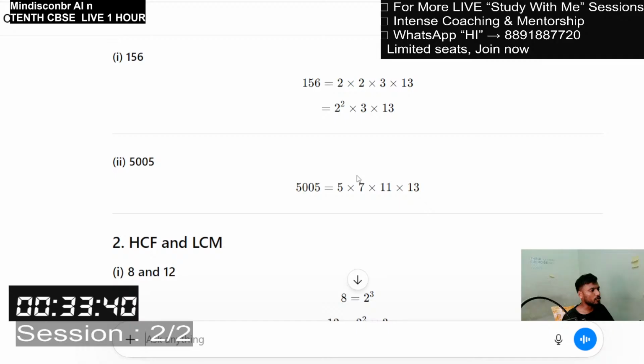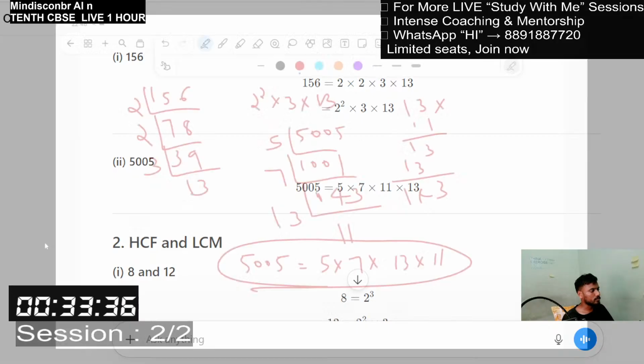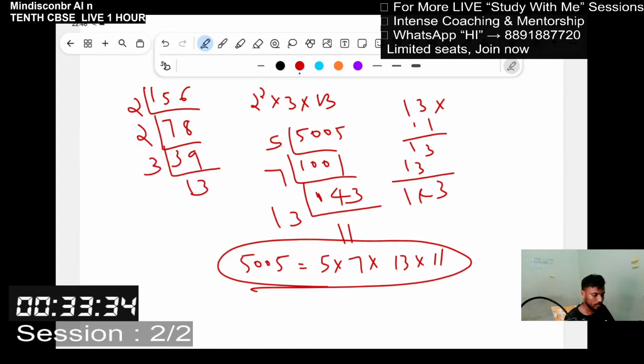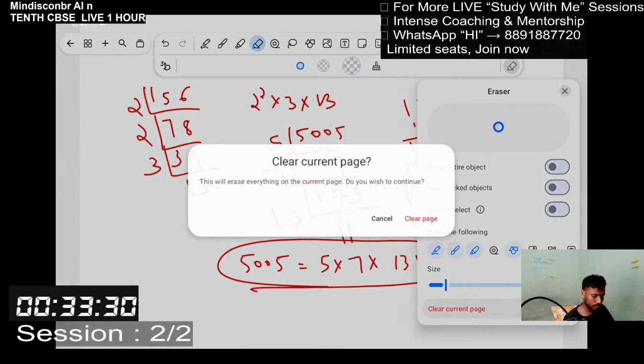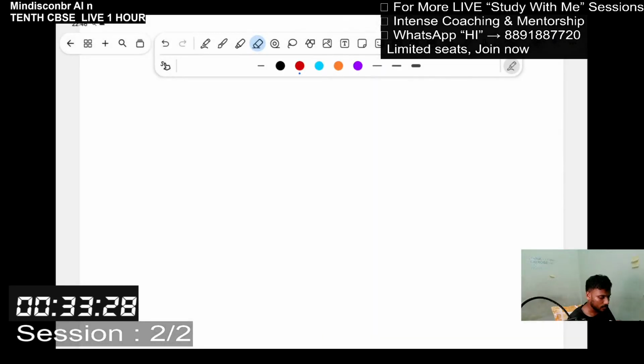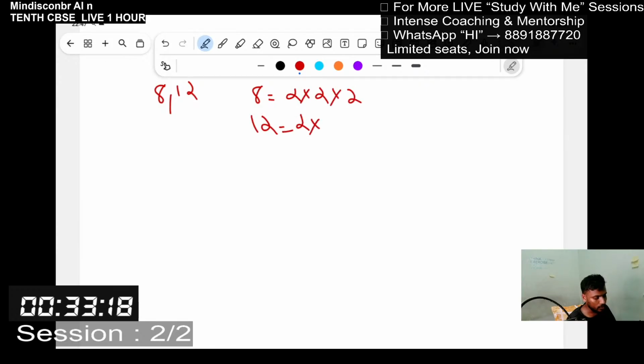HCF and LCM of 8 and 12. 8 is equal to 2 into 2 into 2, and 12 is equal to 2 into 2 into 3.